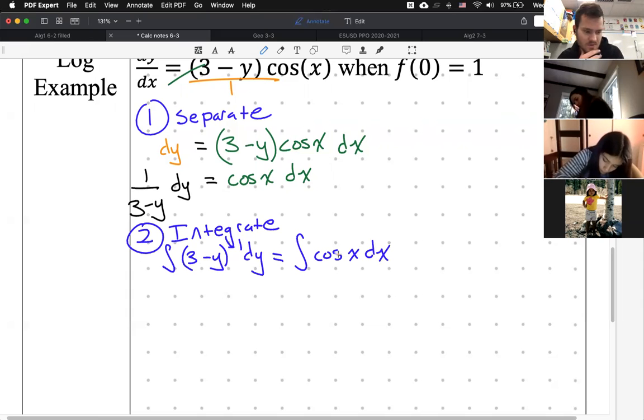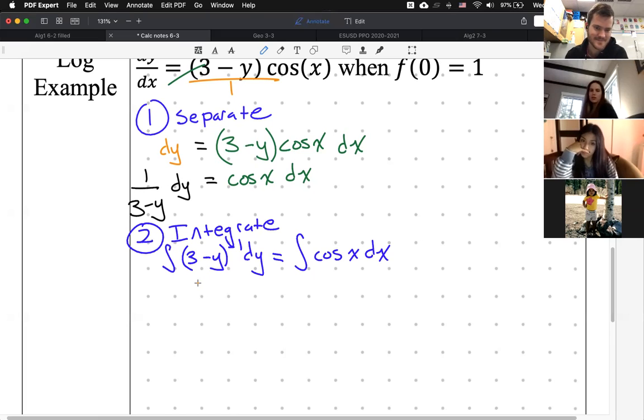Okay, how do we do this, Fiona? Is it 3 minus y, then, oh wait, is it natural log of the absolute value of 3 minus y? You're really close.